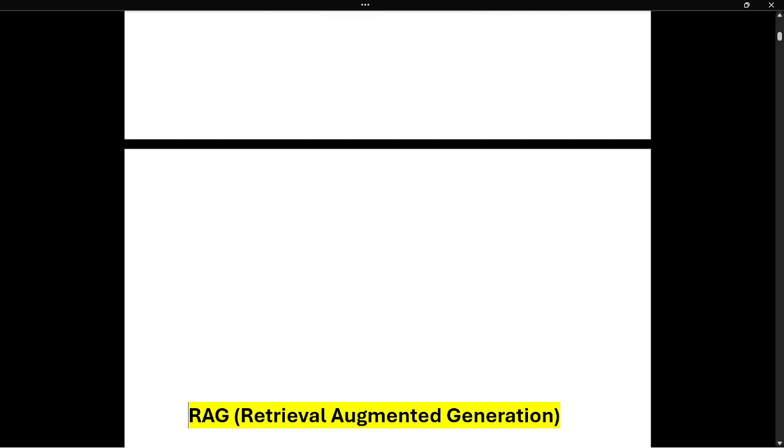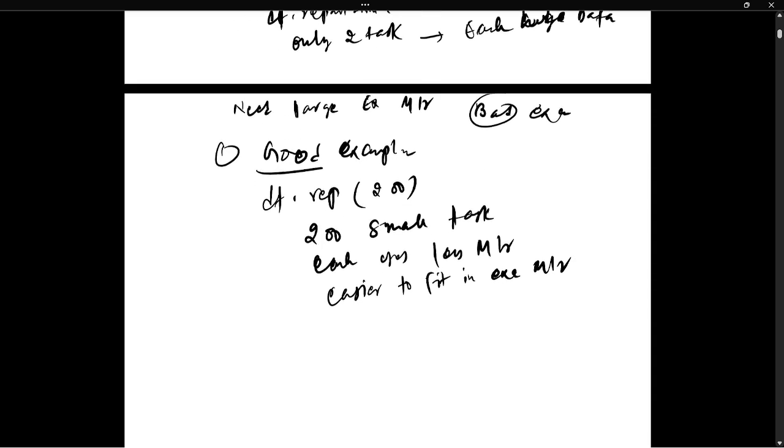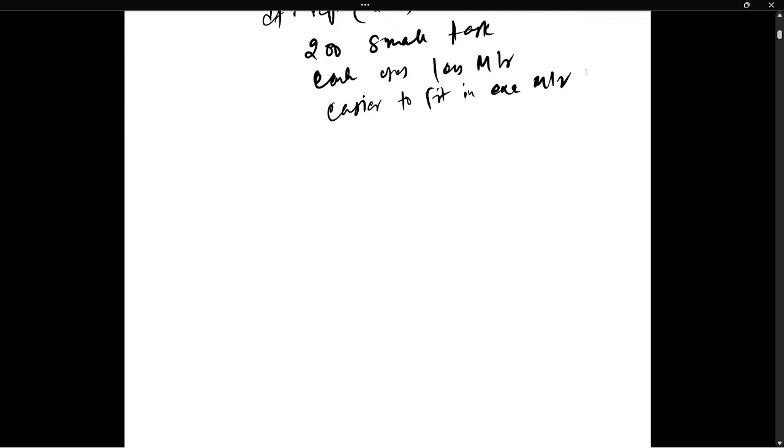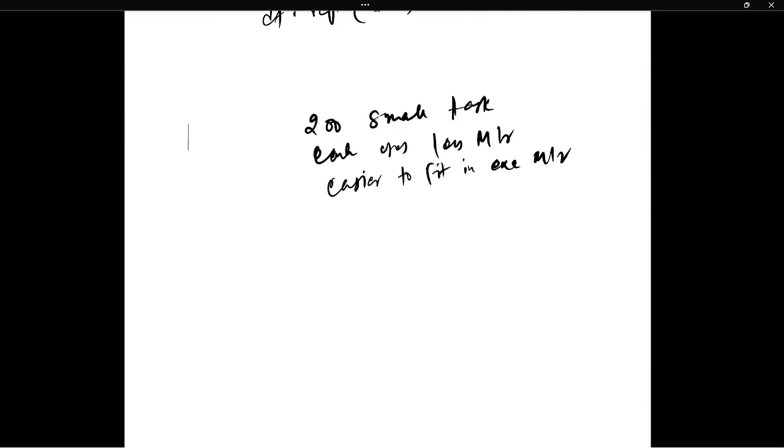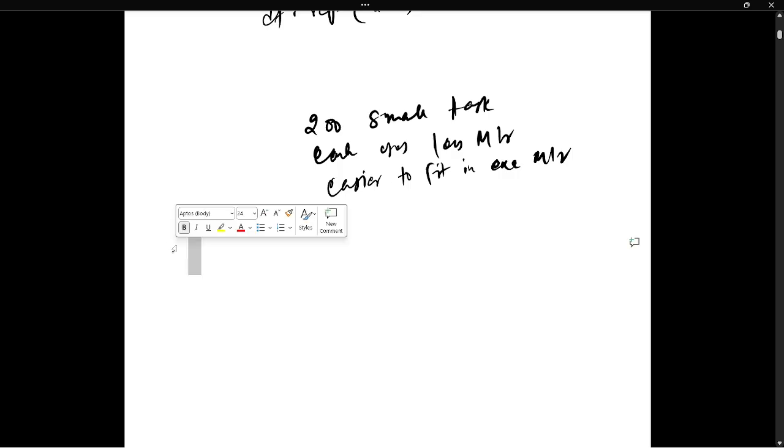Now we will see the next thing. Here I'm explaining the scenarios where an out of memory issue will happen. Now we will understand one scenario called data skewness.